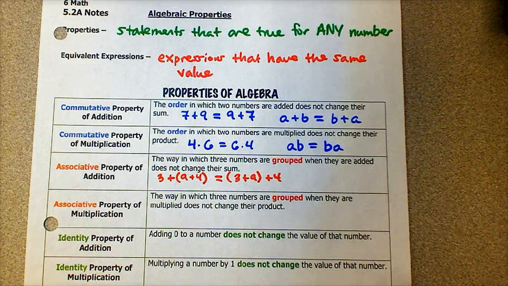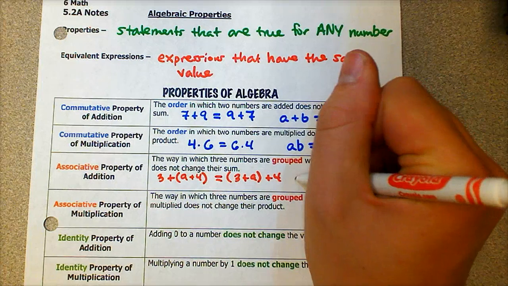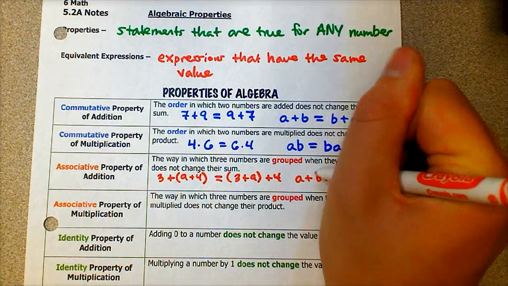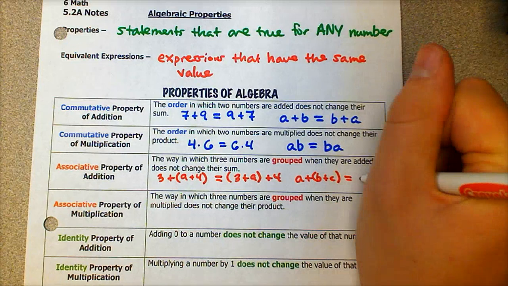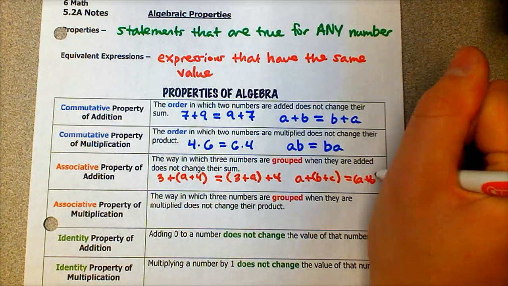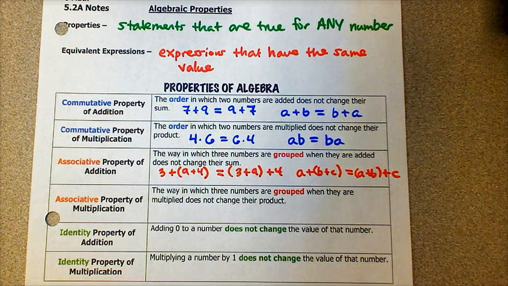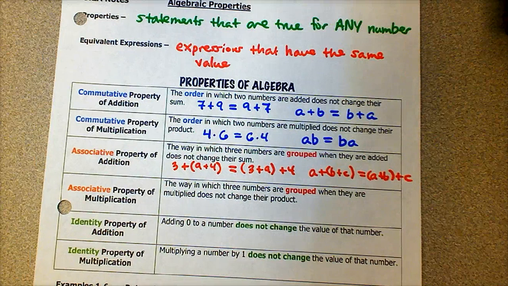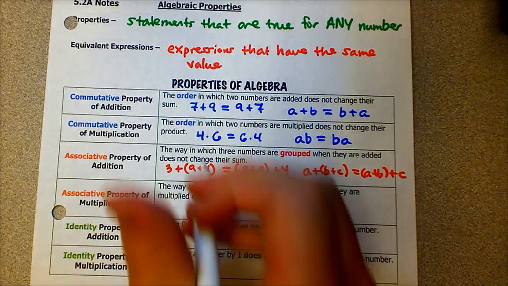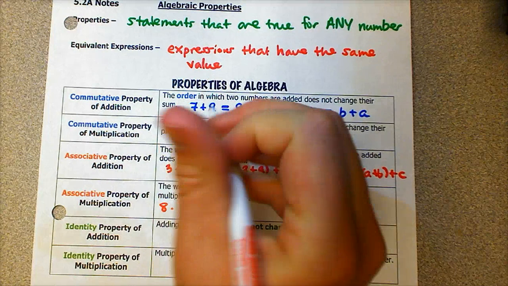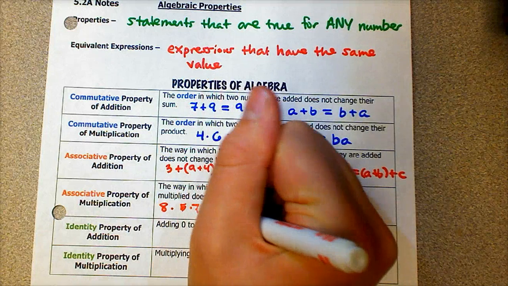The same is true with variables. a plus the quantity b plus c is the same as the quantity a plus b, plus c. The associative property of multiplication says the same thing. If I am multiplying 3 or more numbers together, the way I group them does not matter.